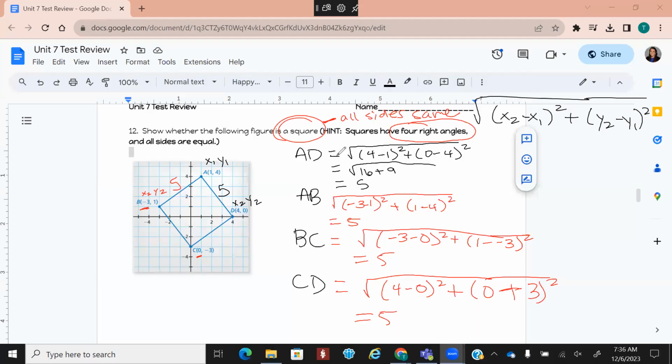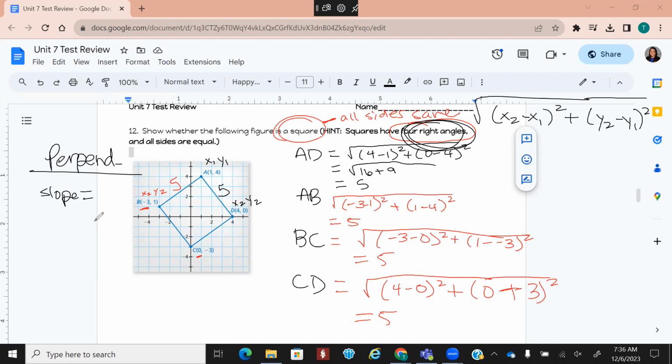Okay, the other thing, and this is one thing that we've gone over, but it's a little tricky. If we're trying to prove that something is a right angle, that means that the slopes have to be perpendicular to each other. What does perpendicular mean? They intersect. What about the slope? What are they going to be?